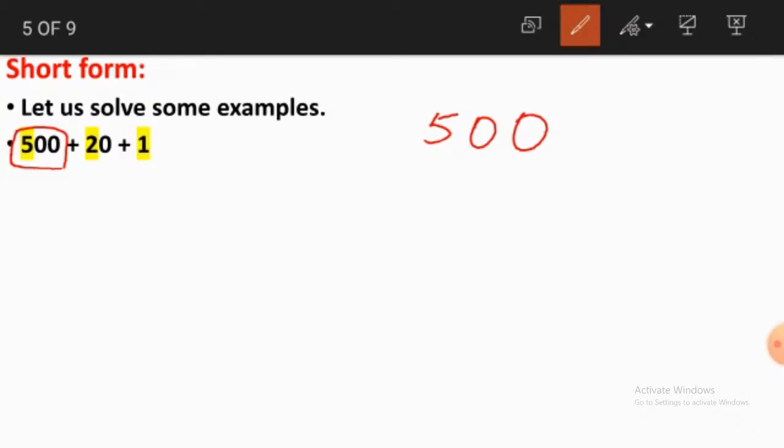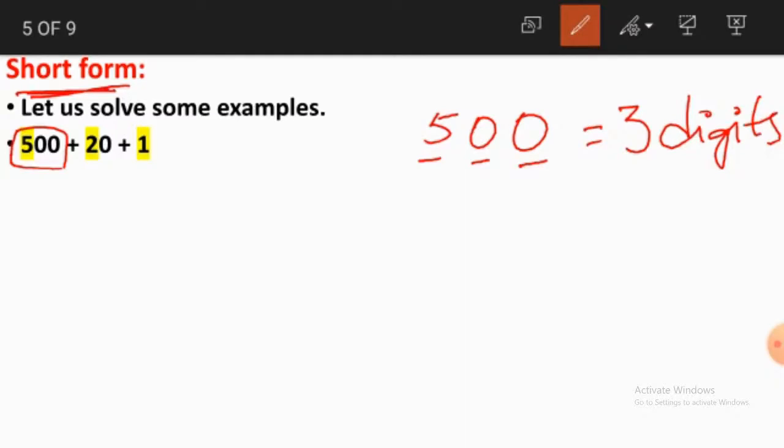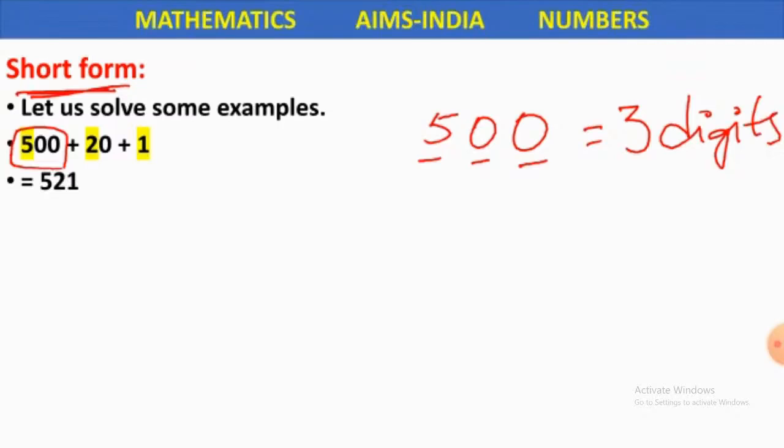How many digits does this 500 have? 500 has 3 digits. So the number which we get after writing in short form should also have 3 digits.